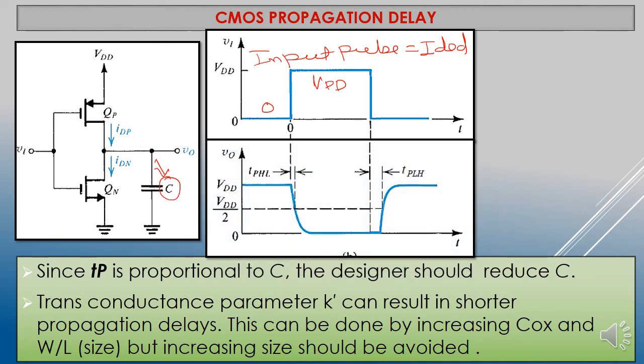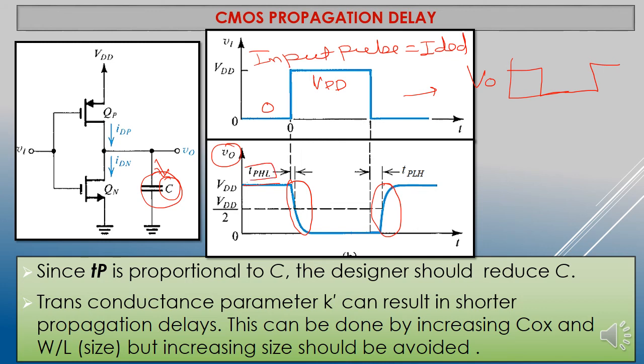So this is the output, V output. In the ideal case, V output should be like this, but this is not an ideal case because the capacitor takes some time to discharge and charge, so there is some smooth change. That's why it contributes to some delay.